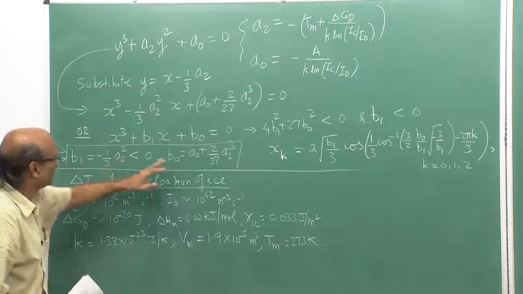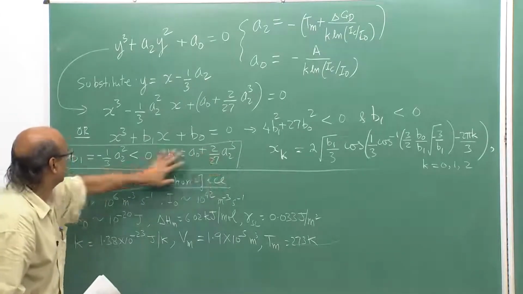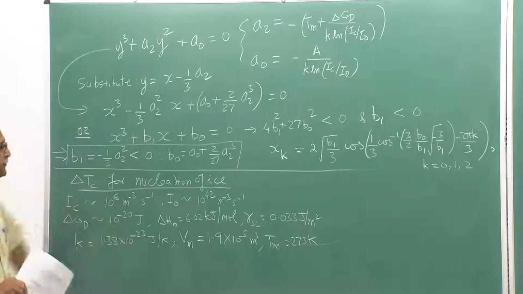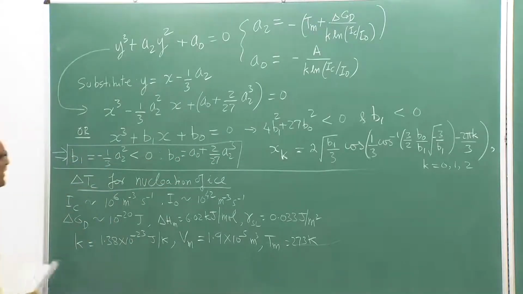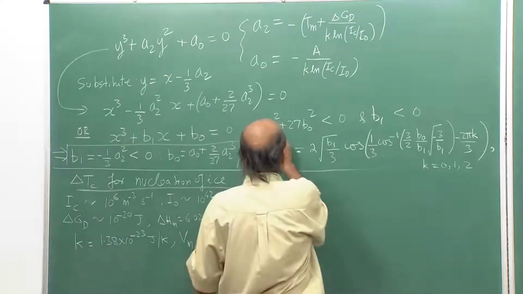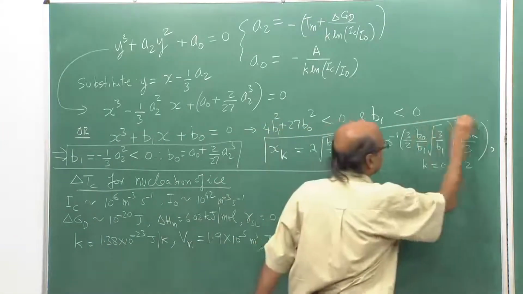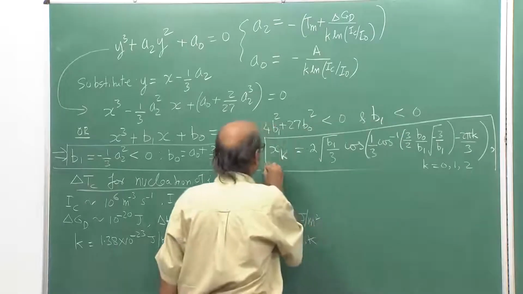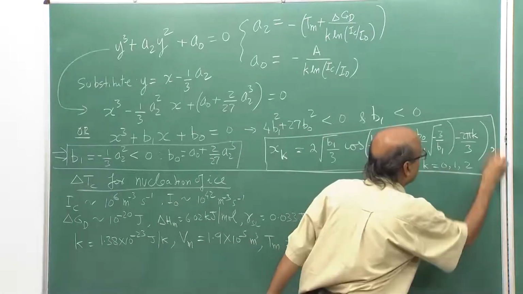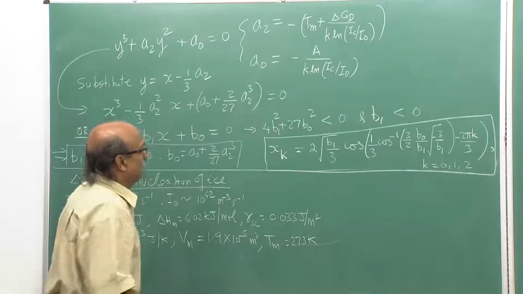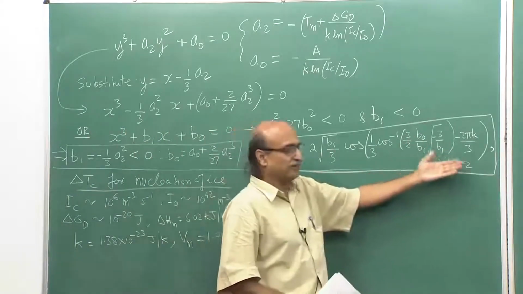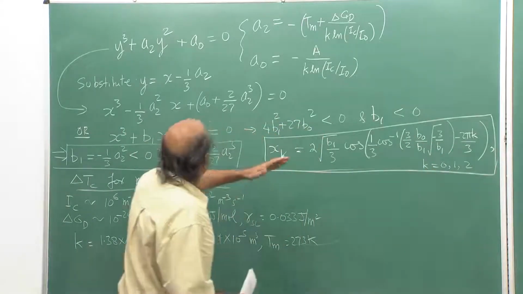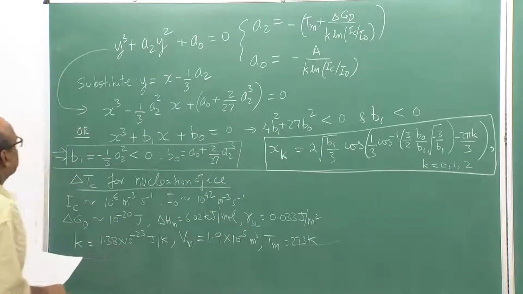Once I know what is A2 and A0, then B1 and B0 are straightforward. Once I have this, plug this into this relationship, which gives you the roots of the cubic polynomial, and I will get 3 values for x. From there, then I calculate the undercooling.